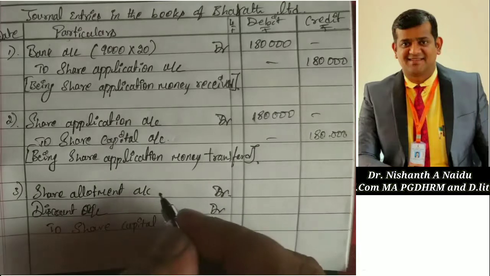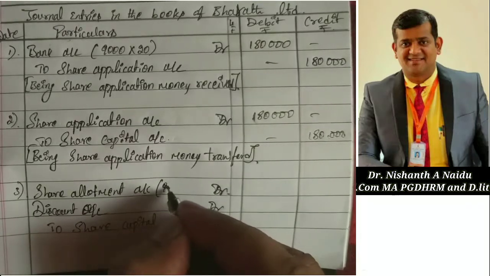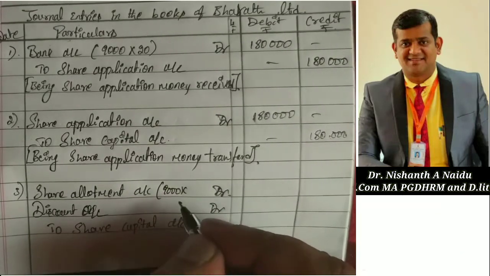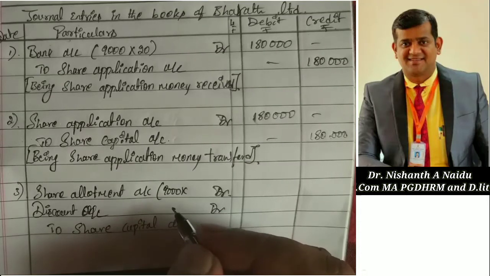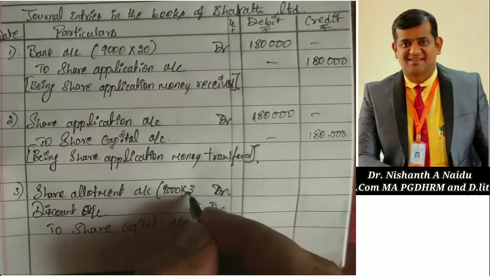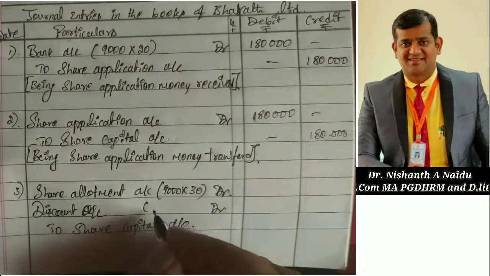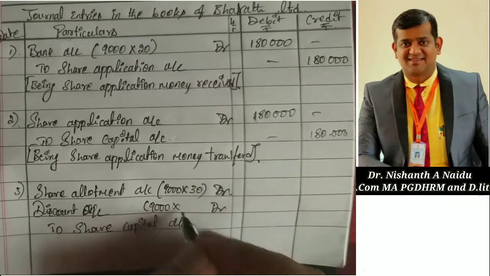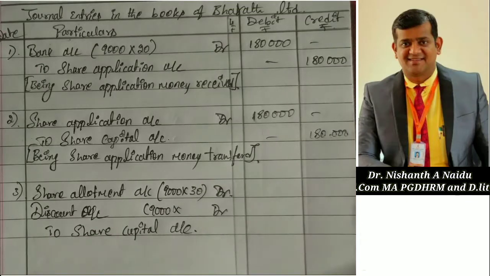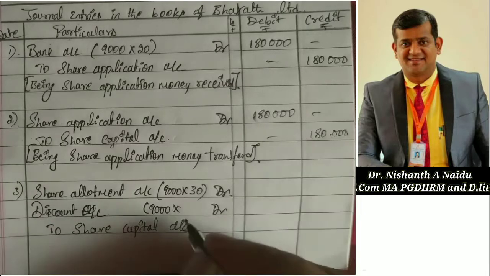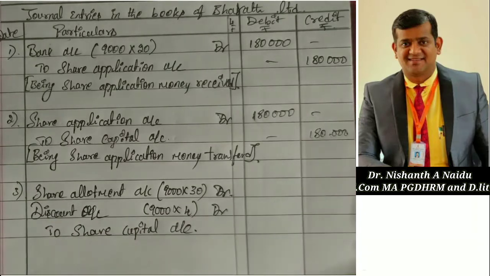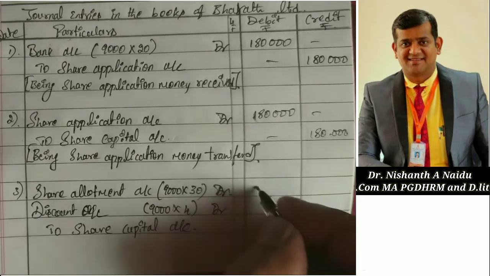So now share allotment account, how much? 9,000 into how much is the share allotment money on allotment? Rupees 30. Then how much is the discount? 9,000 into a discount of 4 rupees per share, correct? So 9,000 into 30 is 2,70,000.